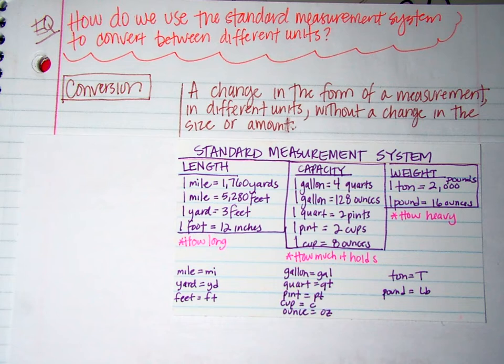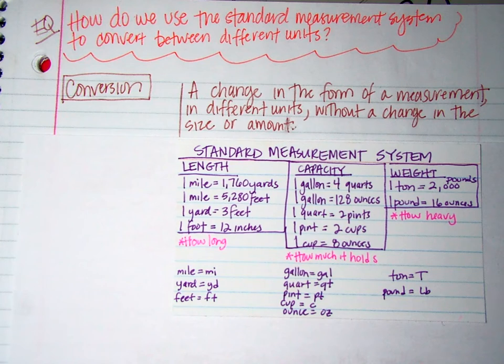I would pause the video here if I were you and then write these down because I'm going to be referring to this little card when we need the measurements to create the conversions. I've also given you the abbreviations to all of our measurements, so make sure that you know how to abbreviate correctly, okay?